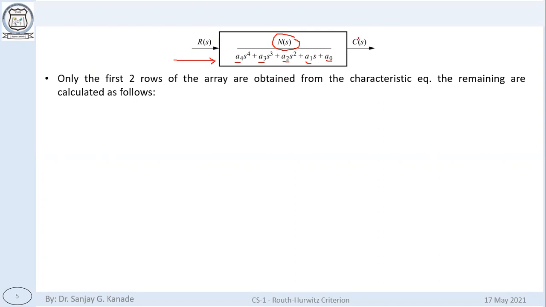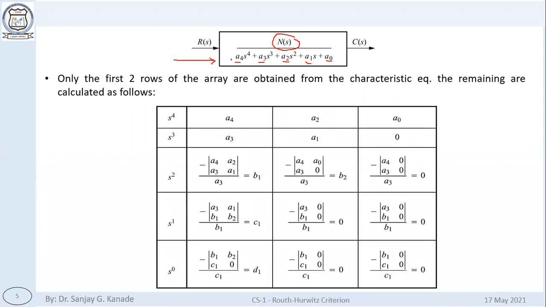Now, based on these coefficients, the first two rows of the Routh array are obtained. And this table, you can take a screenshot of this and keep it with you. This table shows the formulae for how the Routh table is calculated.